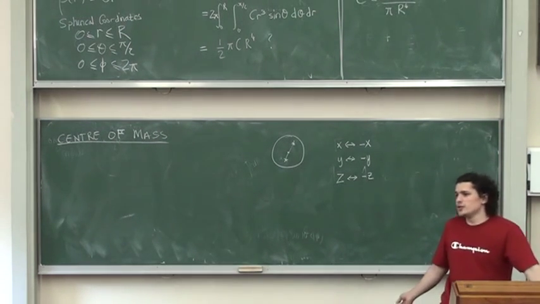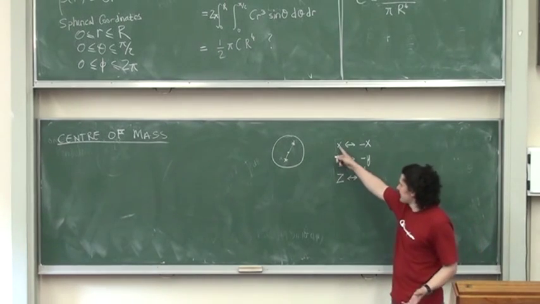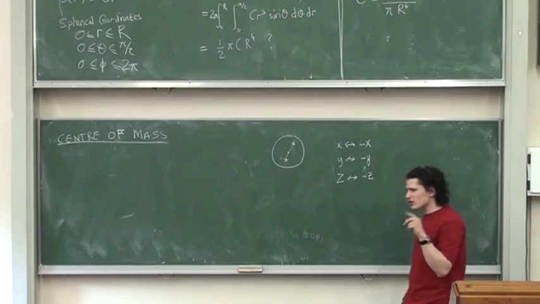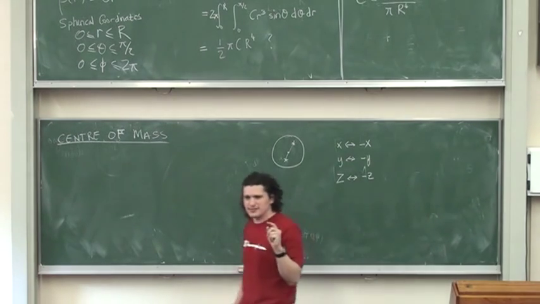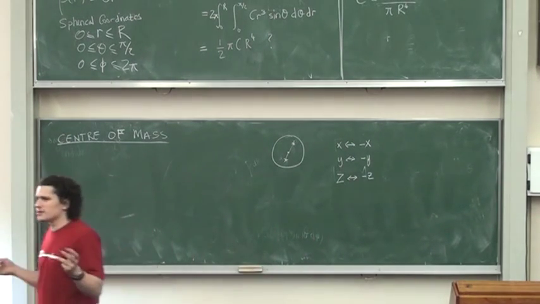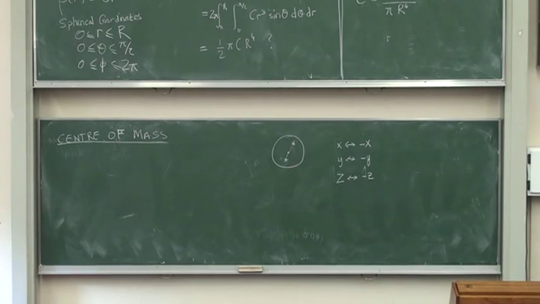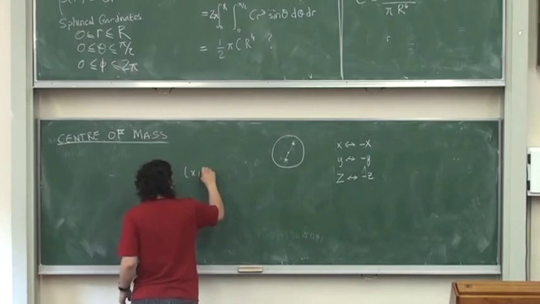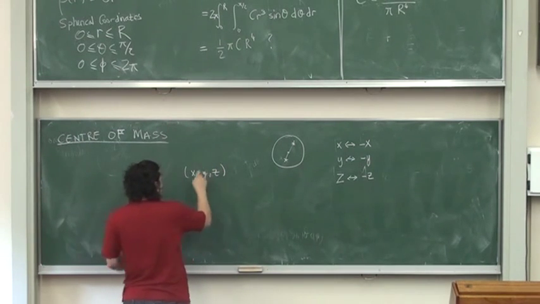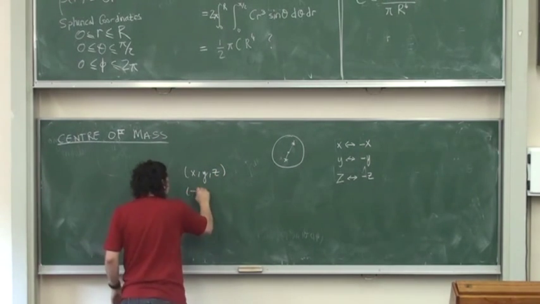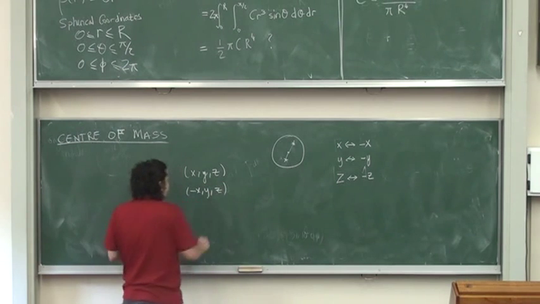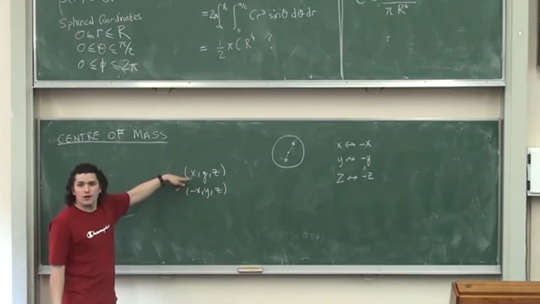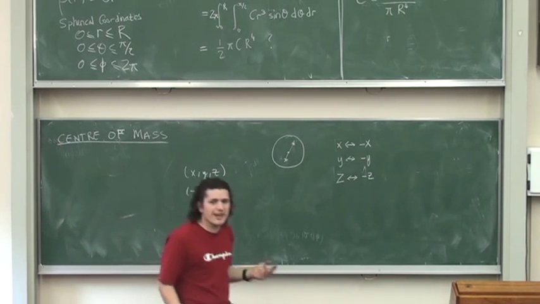Well, if the density were uniform, it certainly would be, because for every x that's inside the hemisphere, so is minus x. The density is not uniform, it's radially dependent. How do I determine what the density is at x and at minus x? So at x, y, z there's a point, and at minus x, y, z there's a point. What's the density here? Well, it's dependent on the radius. What's the radius?